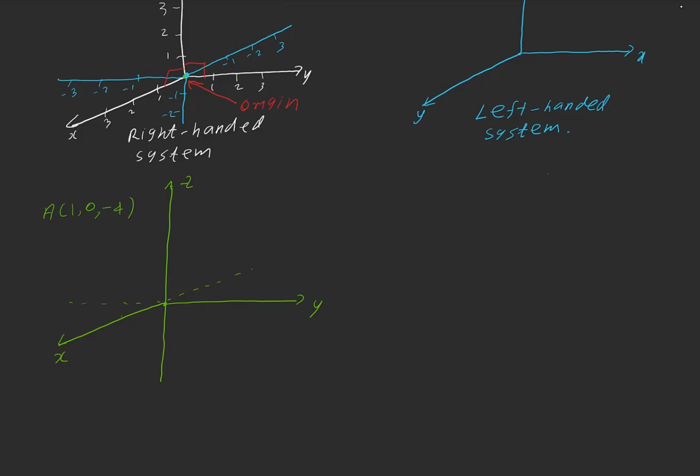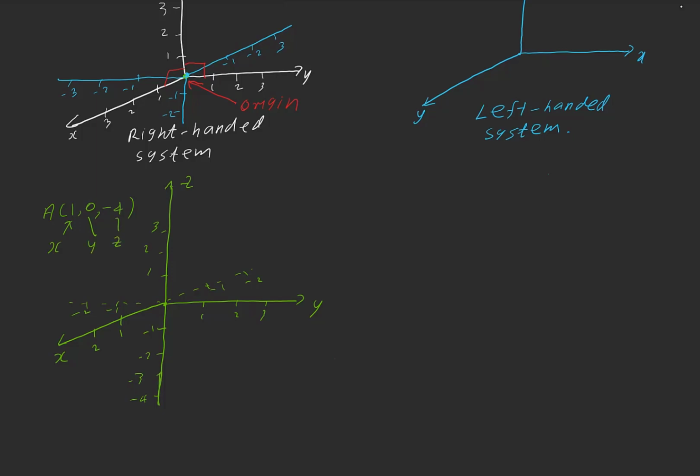Okay, so x, 1, 2, and so on, y, 1, 2, 3, and so on, and here negative numbers of x, negative numbers of y, here negative numbers of z. This is the x value: x equals 1, y equals 0, z equals negative 4.